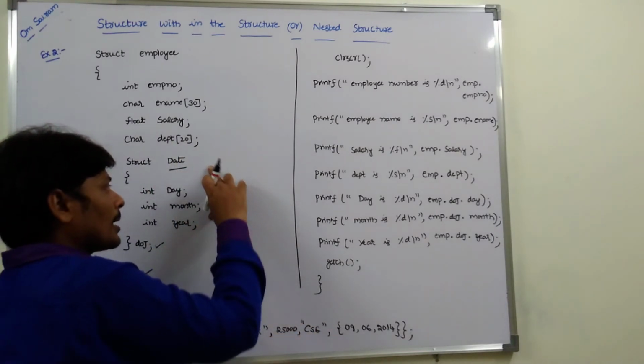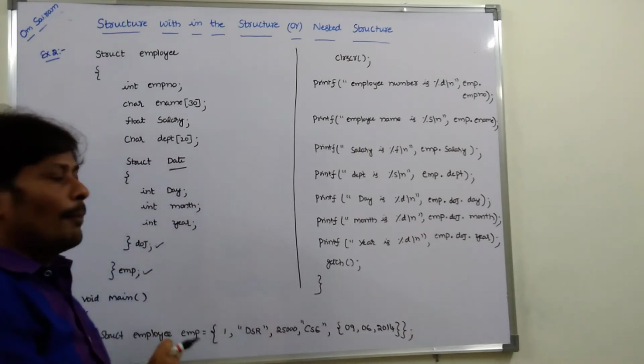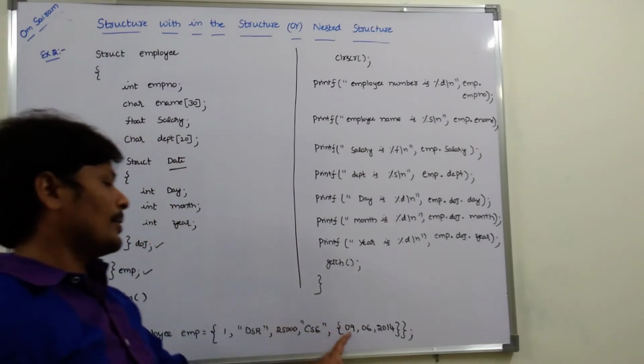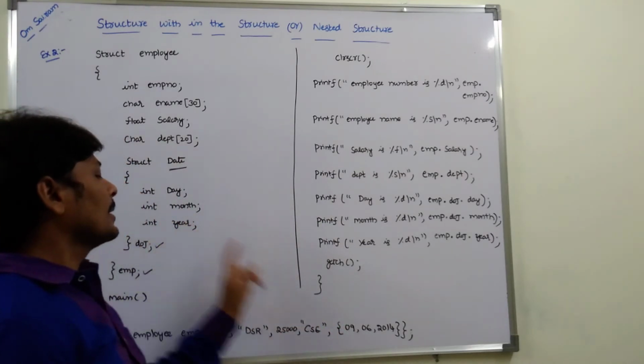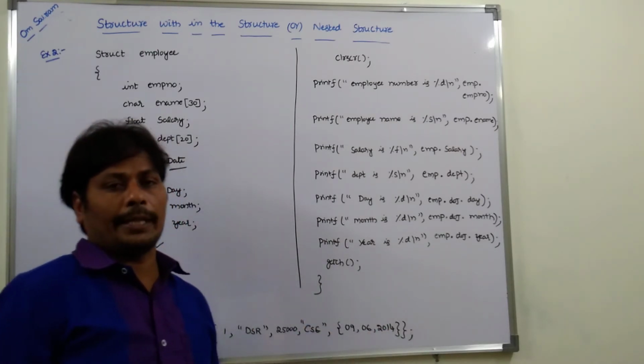The members of the inner structure are initialized by using a separate brace: day 09, month 06, year 2014.